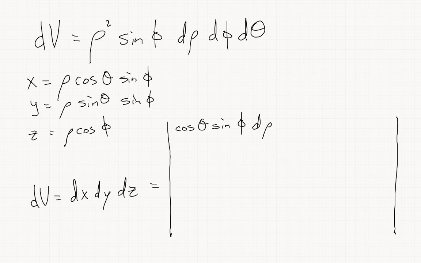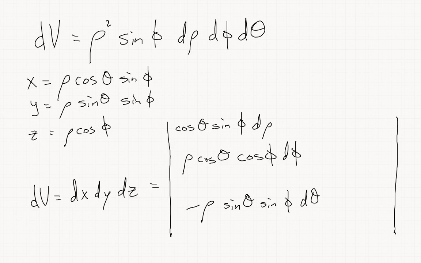So rho cos theta cos phi d phi. And then the last coordinate will be negative rho sine theta sine phi d theta. And I'm already going to run out of space. So what I'm going to do is rewrite this a little bit, sort of mixing coordinates.